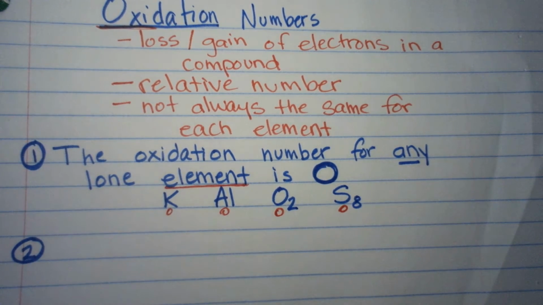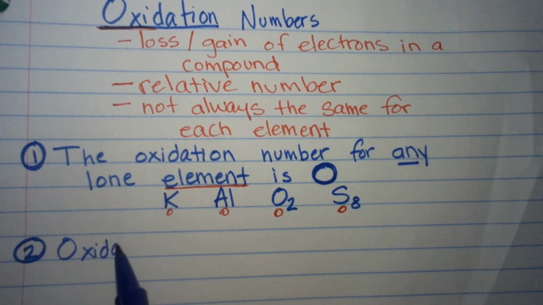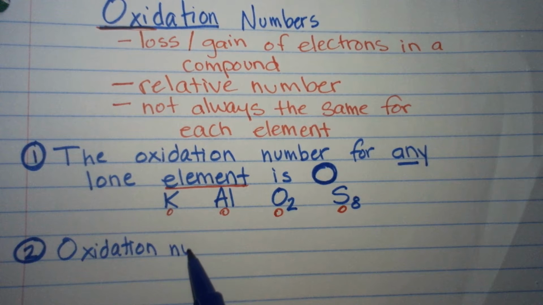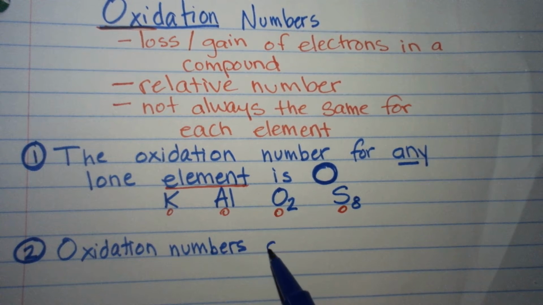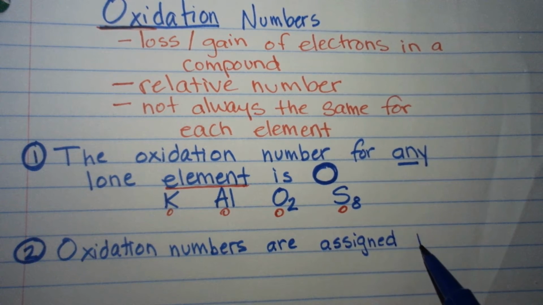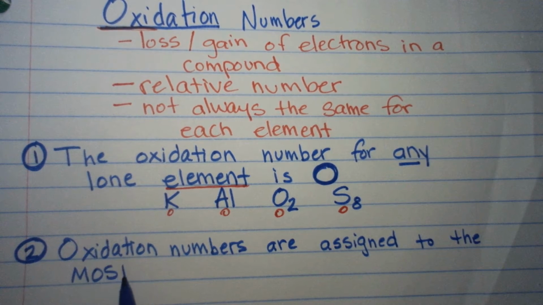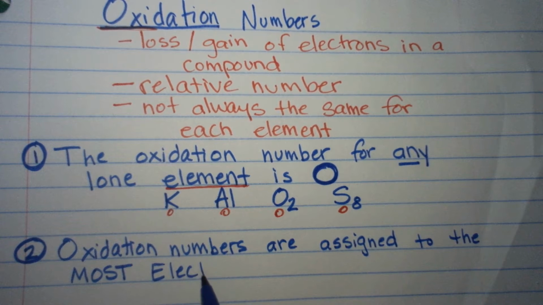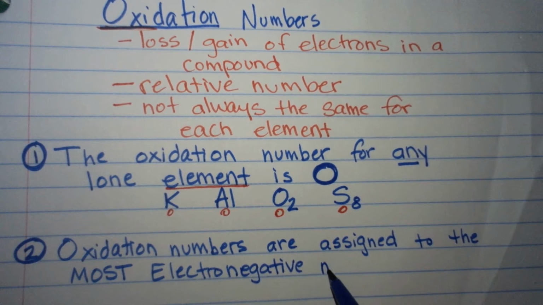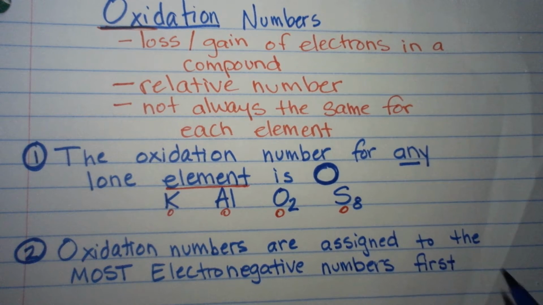Oxidation numbers are usually assigned to the most electronegative elements first.